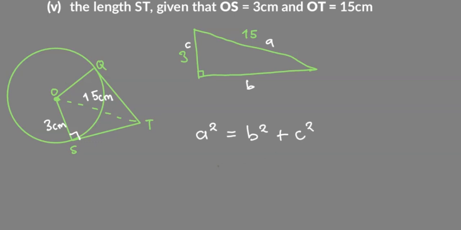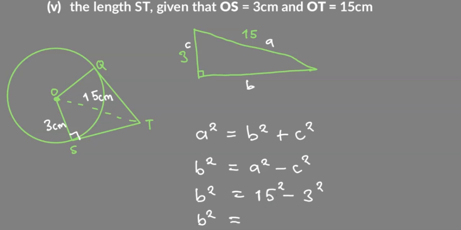Then we make B the subject. We plug in our numbers. A is 15. C is 3. Remember, we've got squares there. Then we've got also a B squared on our left hand side. Then B squared will be equal to the square of 15. The square of 15 is 225 minus the square of 3, 9.